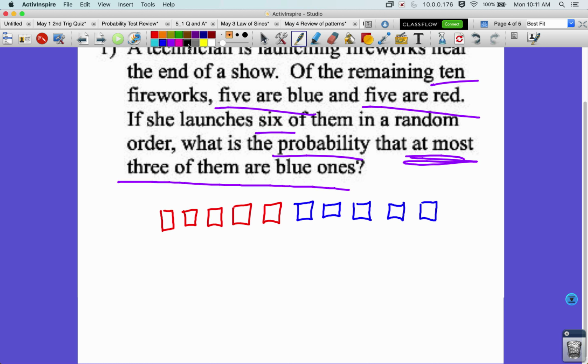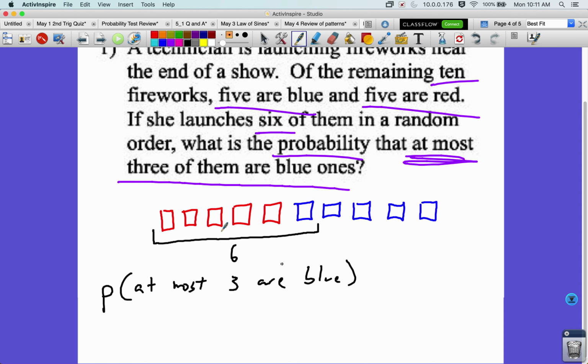And we're going to launch 6, so maybe we'll bracket 6 of them. Maybe we grab these first 6. All right. Now we want the probability that at most 3 are blue.